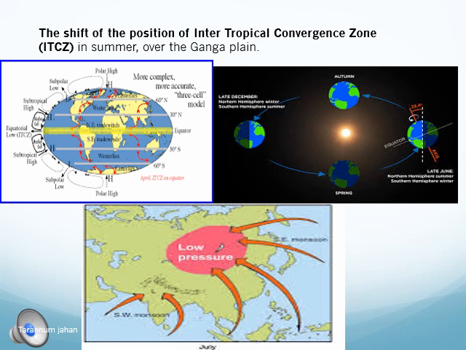So ITCZ is a broad trough of low pressure. Usually it is located at the equator. I'm saying it again, usually, because it changes its position due to certain reasons, which I will also explain.